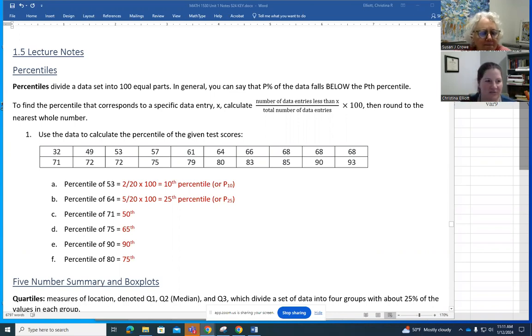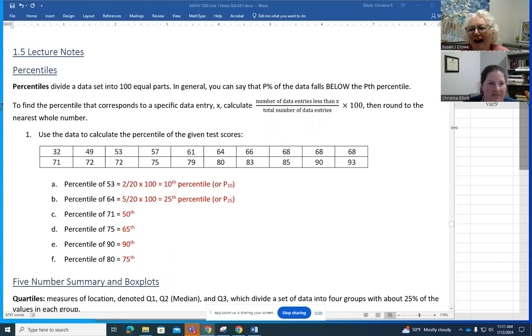The first thing we're going to look at is percentiles, something we've all probably heard of. In general, you can say that p% of the data falls below the pth percentile.